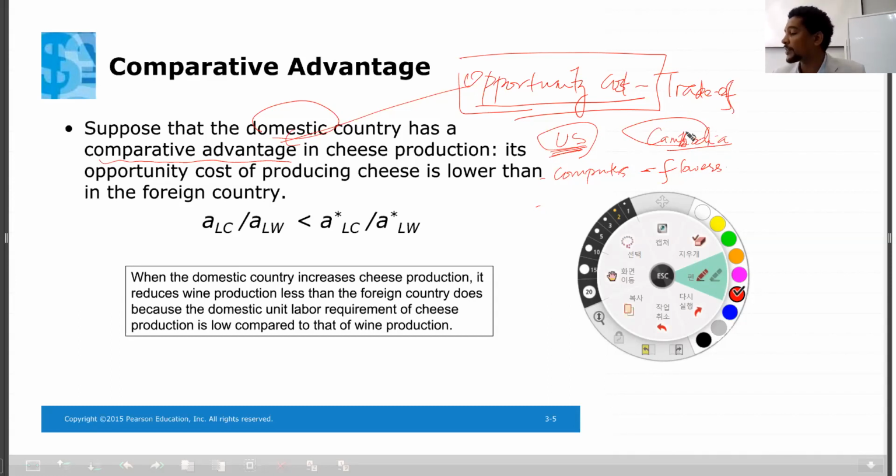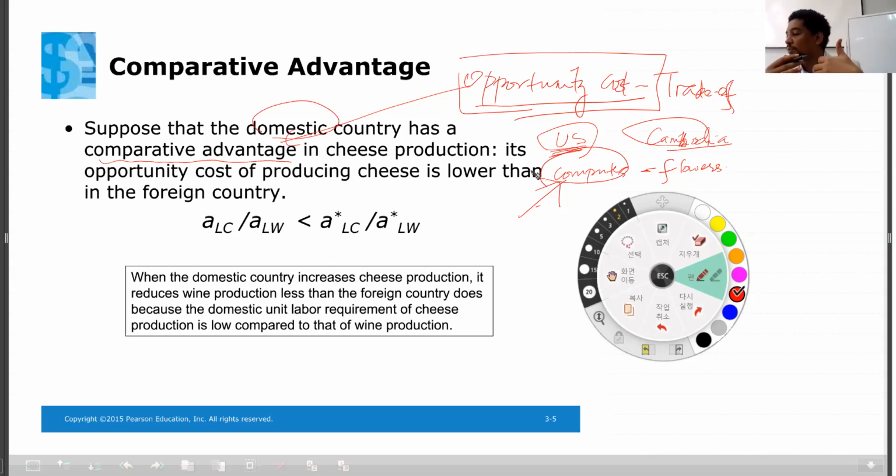But the thing is, the cost of producing flowers in the US is higher than the cost of producing flowers in Cambodia, right? So the US, instead of investing in flowers, can invest more in computers. They can use all these resources or all this finance that would have been invested in flowers for computers, and they can produce more computers.